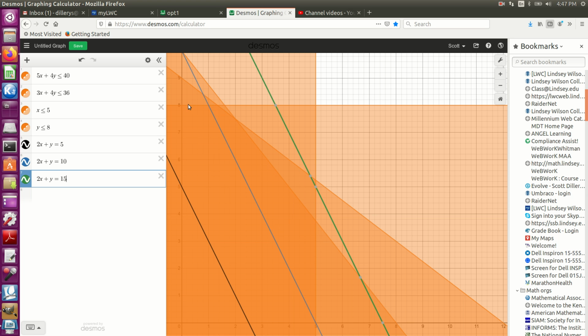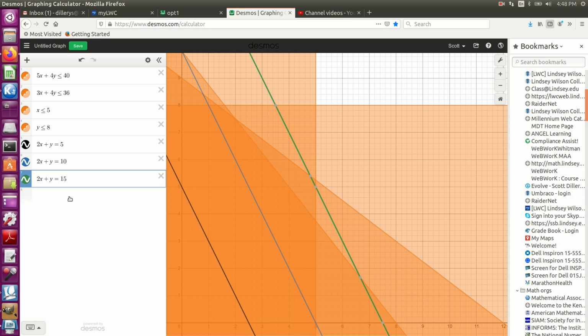You have to look a little harder here, but when we look at the darkest part of the orange, I see that it starts, it's always the positive part, so there's the x and y axis. And then we go up here, go up there, go over to here, and then there. And so this is nowhere inside there. But there are other points in between the line for 10 and the line for 15.